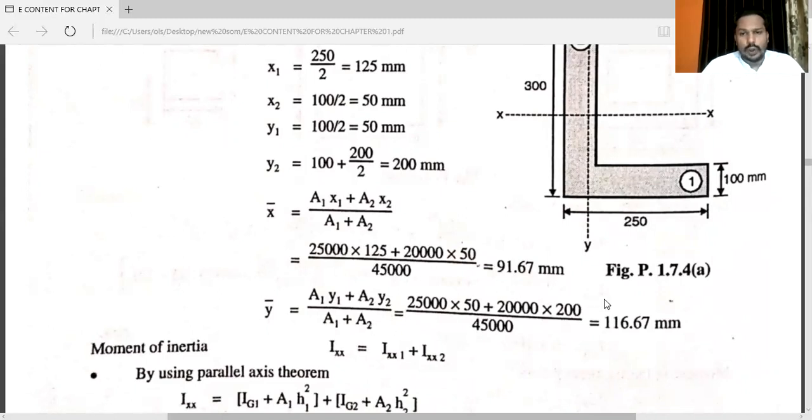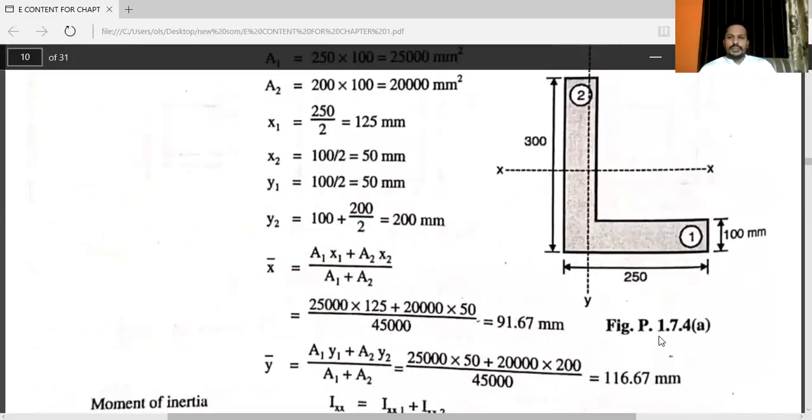Whenever you will put all the values, you will get y bar. See, you can use your calculator. By using calculator, you will get the answer 116.67 mm. See, here I'm just explaining the things.